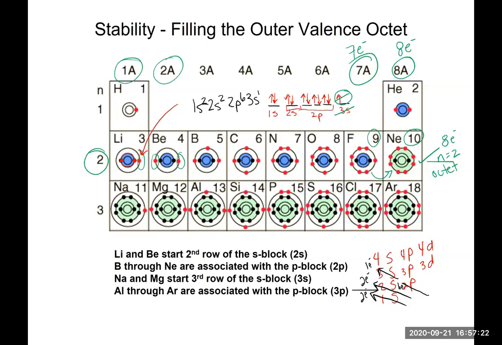And how many electrons does sodium now have in the outer valence shell of 2 if it gives up that electron in 3s? It now has 2, 4, 6, 8 electrons in its outer valence shell 2, and a perfect octet that looks just like neon with 8 red electrons in its outer valence shell.